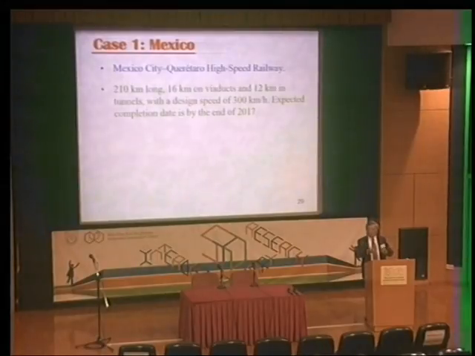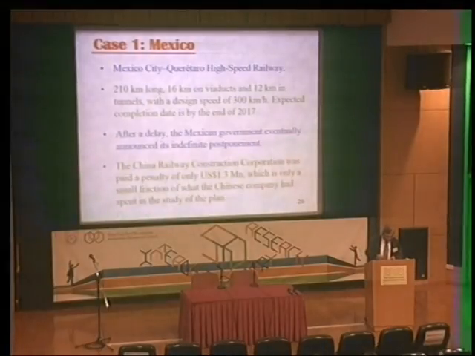So usually, if you breach the contract, then you have to pay a penalty. But what is the penalty? The penalty is only 1.3 million US dollars. That is a small sum of money.